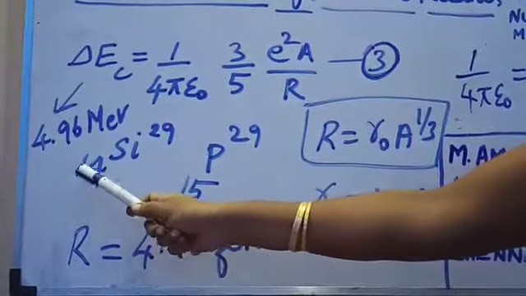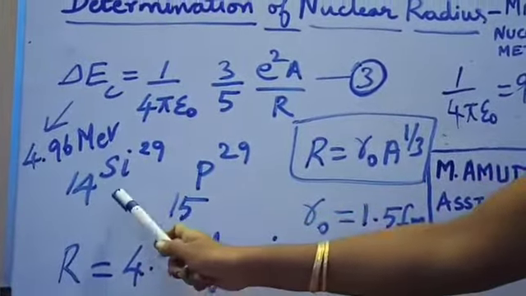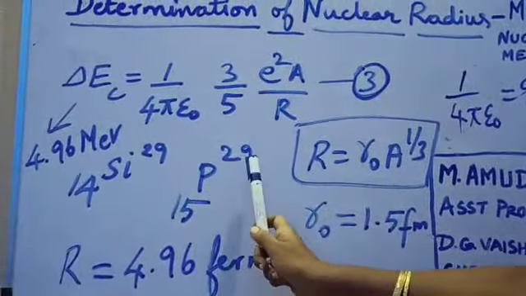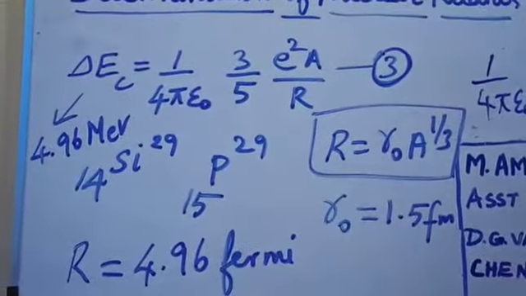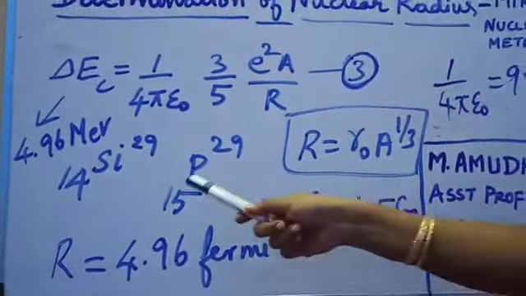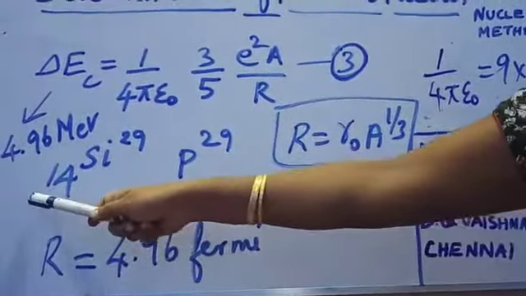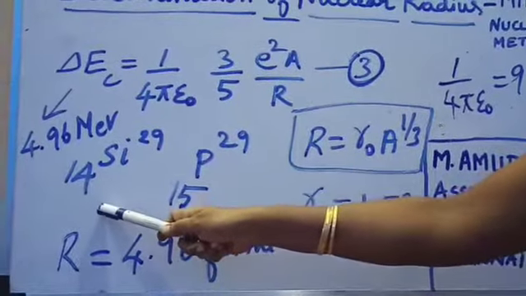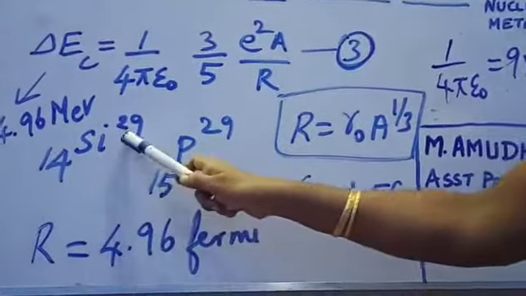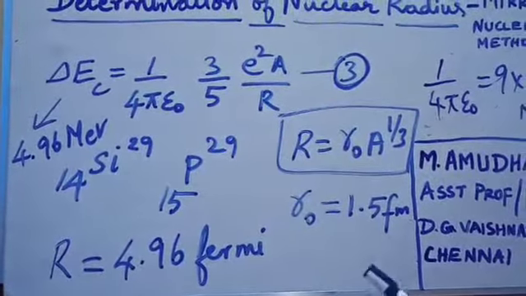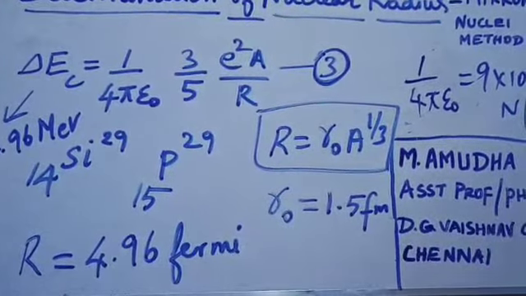Z is 14 for silicon, and if I add 1 to this, you get the proton number of phosphorus. And as I already told, 2Z plus 1 can also be written as A. So 2 multiplied by 14 is 28, and when you add 1 to that, it gives the value 29. So for all mirror nuclei we can write 2Z plus 1 equal to A.